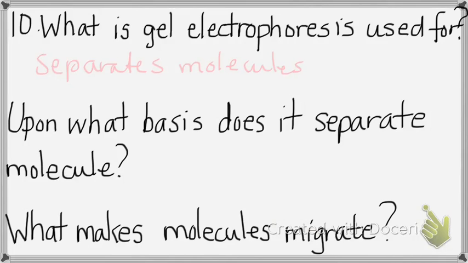Answer still in the first sentence. Charge and size. Good job. Now you have to use your memory. Do you remember this day where we used the little gels in the equipment? What made the molecules actually move? The electricity. That's good.